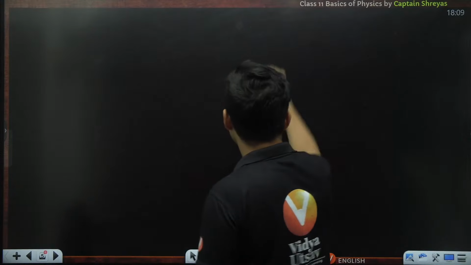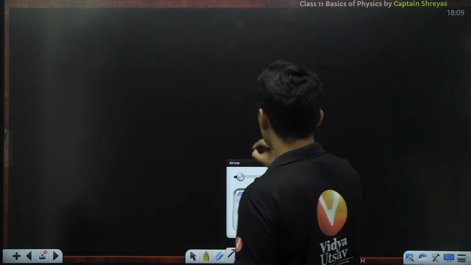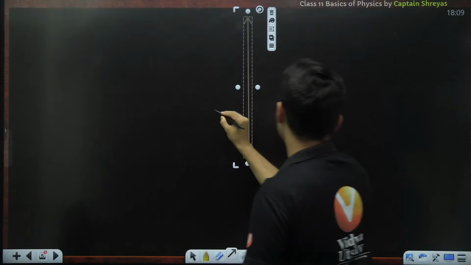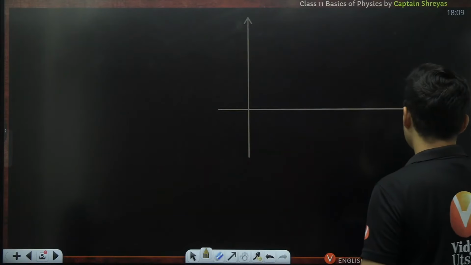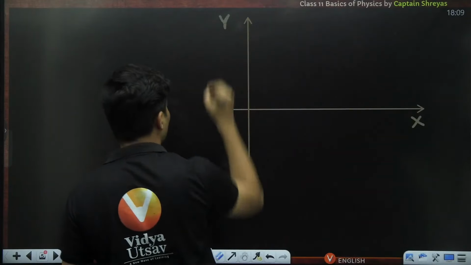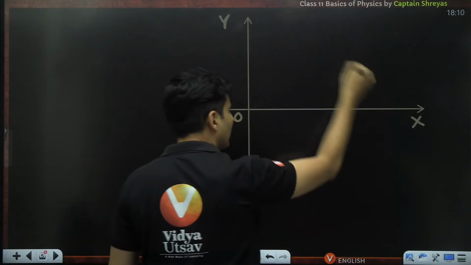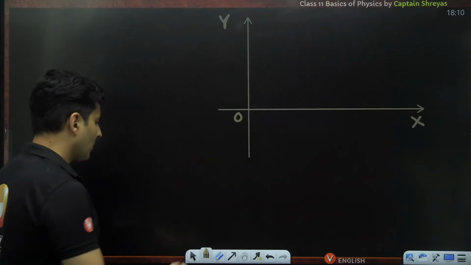Say for example, I put over here a graph like this. This is usually the x-axis, which is your input, and this is your output. You tell me x, I will tell you what y is. You tell me y, I can tell you x also. That's fine.